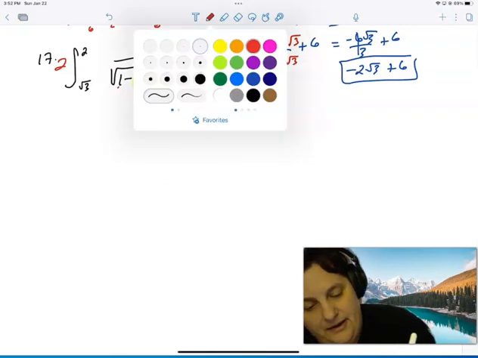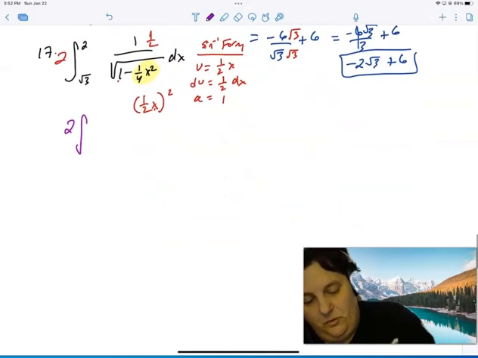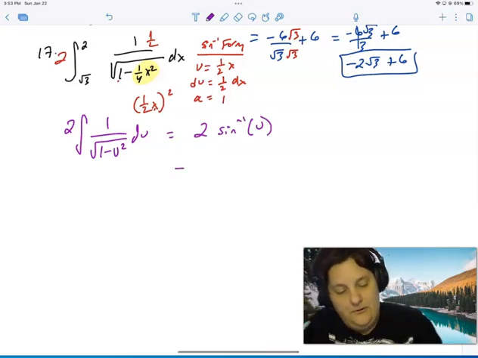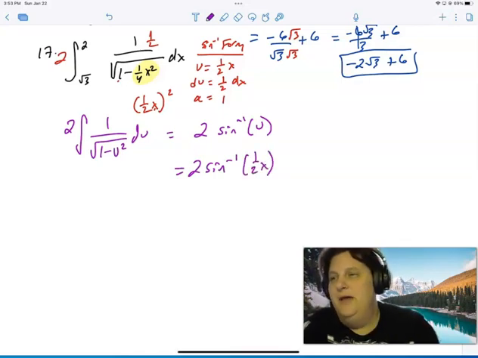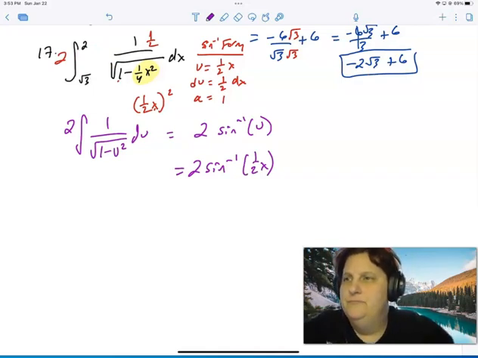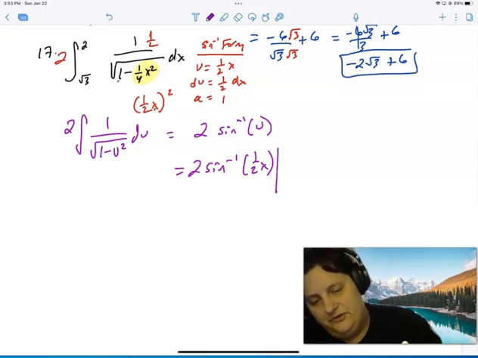All right. And okay, inverse sine form looks like this. Okay, well, actually, hold on. Let me just go ahead and write this. That becomes du. So this is 1 over the square root of 1 minus u squared du, which is inverse sine of u. So it's 2, and then it's inverse sine of 1/2 x. Okay, now, let's evaluate this, and I don't have to change my endpoints.